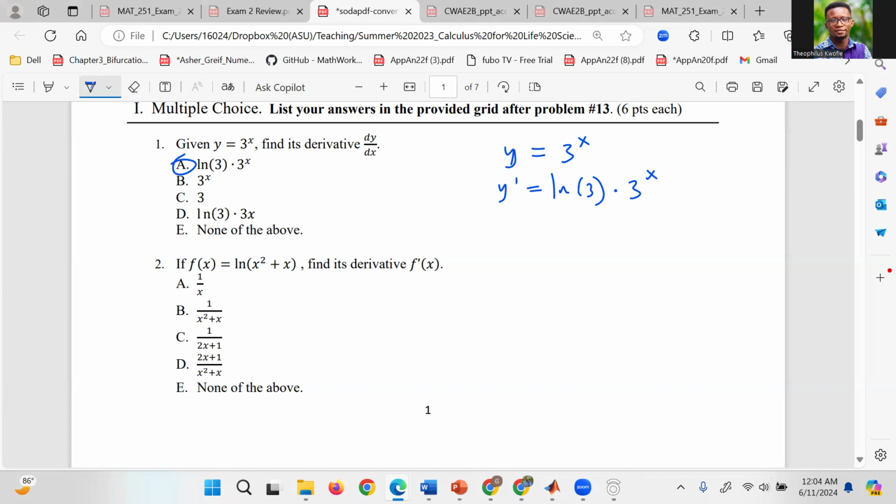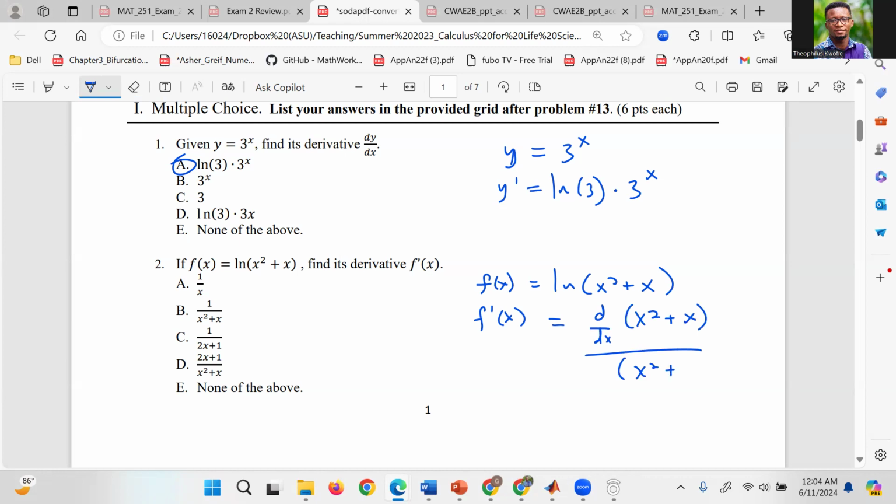So for problem 2, we have f of x equal to the natural log of x squared plus x. So how do we find this derivative? What happens is that we differentiate the input, then divide by the input.